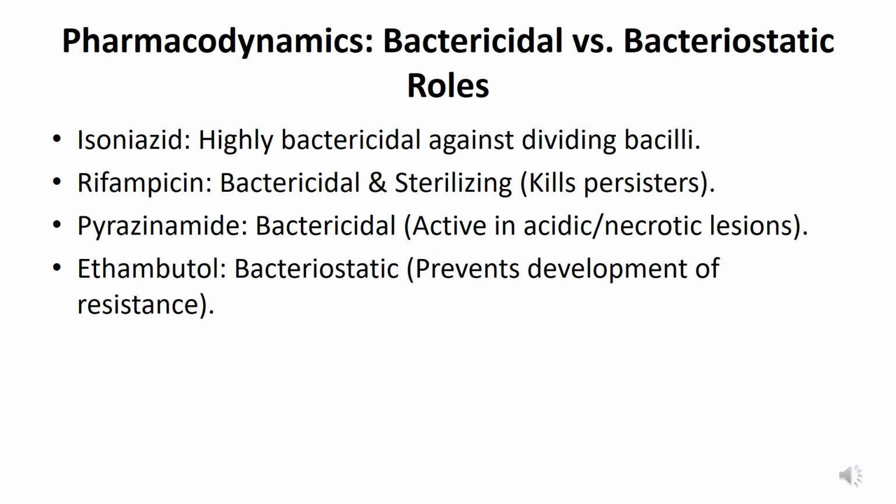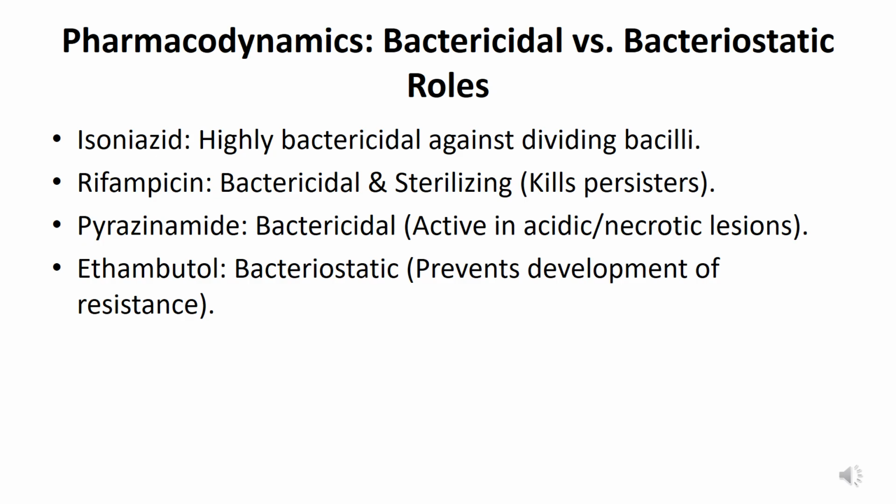To understand why tuberculosis treatment requires multiple drugs, we need to explore an important pharmacodynamic concept. Not all anti-tuberculosis medications work in exactly the same way. Some drugs actively kill bacteria. Others primarily stop bacteria from growing.